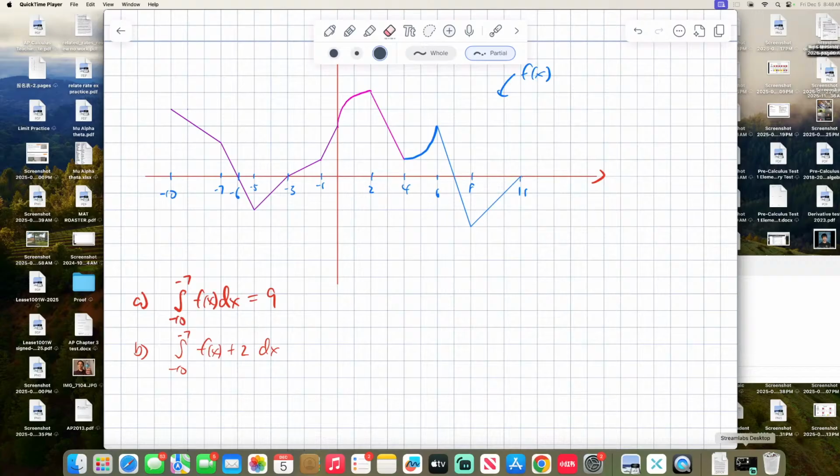So the bases are 2 and 4, so you add them together and you divide by 2. The height is going to be 3 because it's from negative 10 to negative 6. Negative 10 plus 2 is negative 6. It's going to be 2 plus 4 over 2 times 3. There's definitely two ways to approach this question.